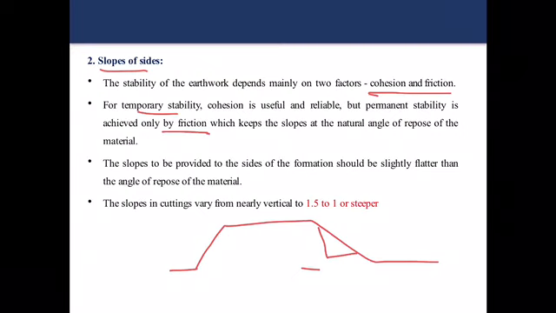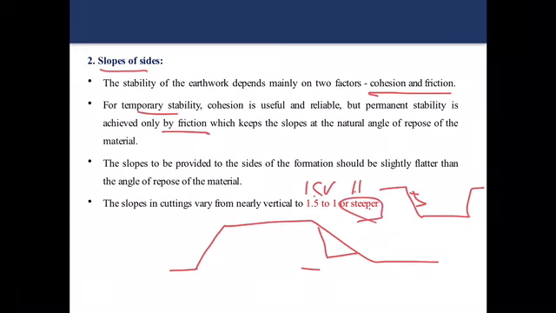And the slope which I have provided should be as slight as possible. Okay, so usually in the cutting and the embankment, the slope generally varies from 1.5 vertical to 1 horizontal, or even a steeper slope is adopted in the cutting.